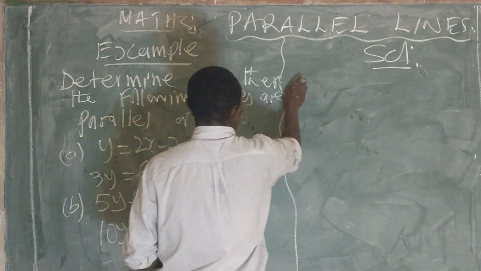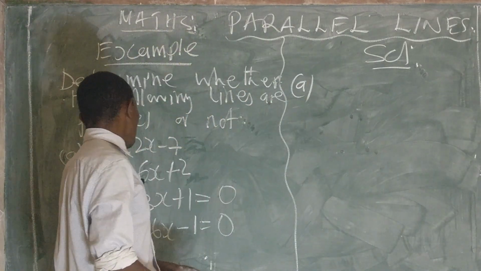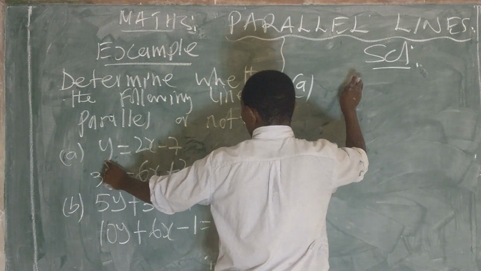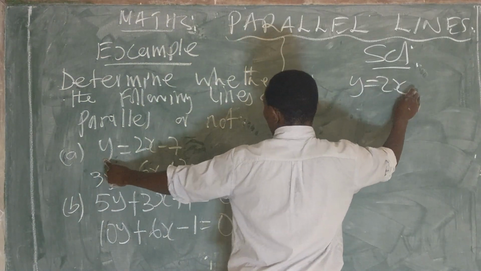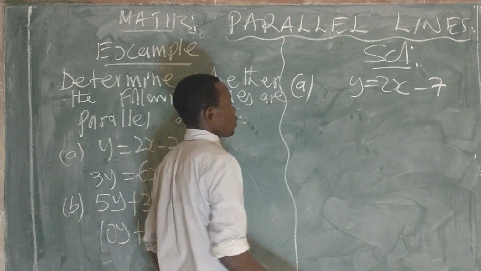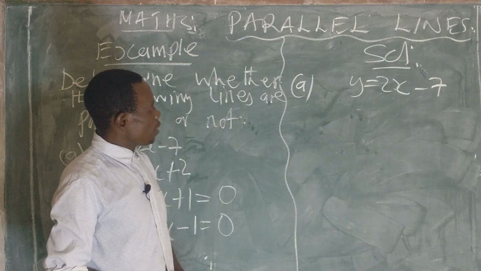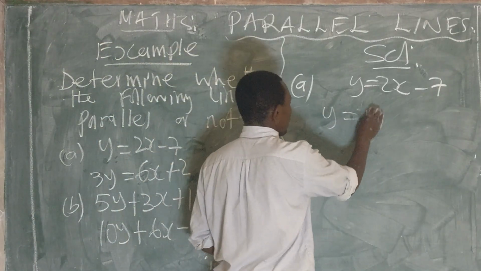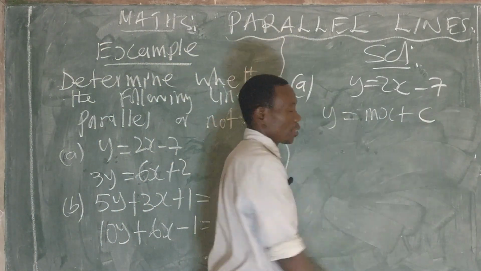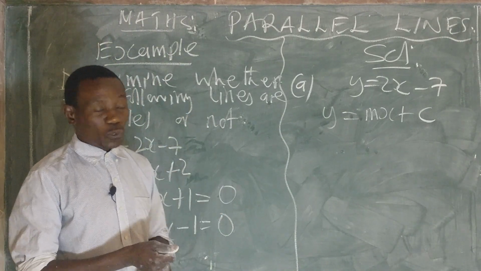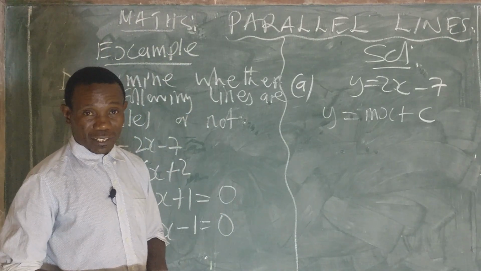For part A, we calculate the gradient of the first line, y = 2x - 7. If I use the general equation of the straight line, defined as y = mx + c, where y is the subject, then that equation should show us the gradient.